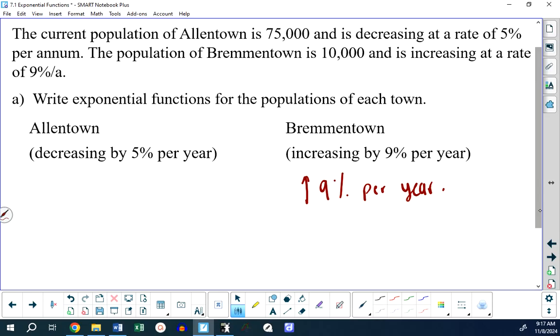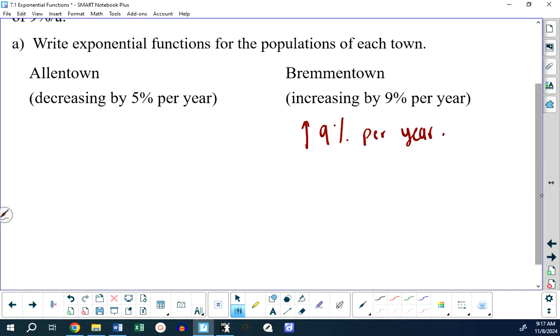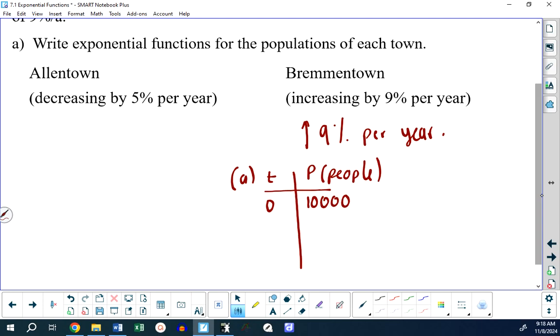Take 10,000. I can even give you a table of values here. This is in years. This is in people. I would like you to find the population after 1 year. It increases by 9%. So whatever you need to do on your calculator to determine the population 1 year later, I would like you to do.